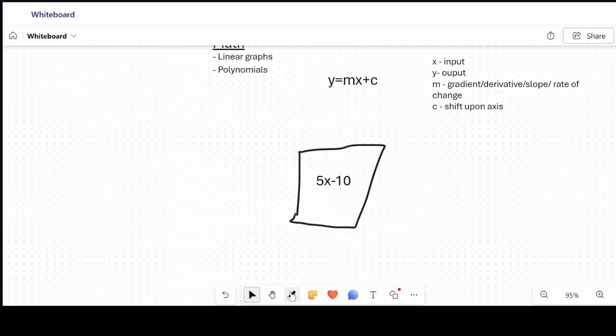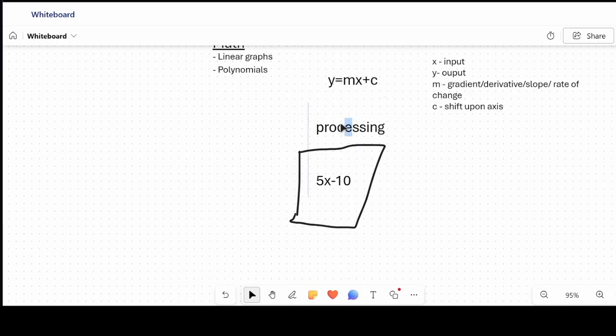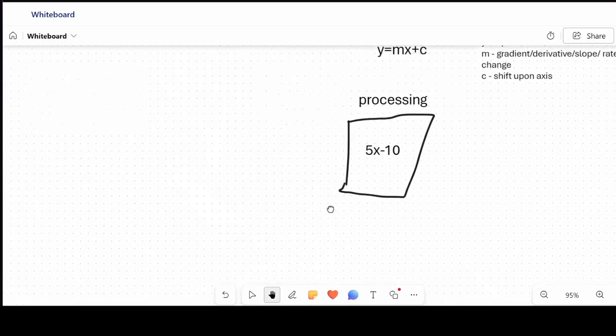So we can call this in our spider diagram our processing. This is our processing, like in IT, as we learned in programming, our IPO. So this is our processing block. Now we need our input and output block.